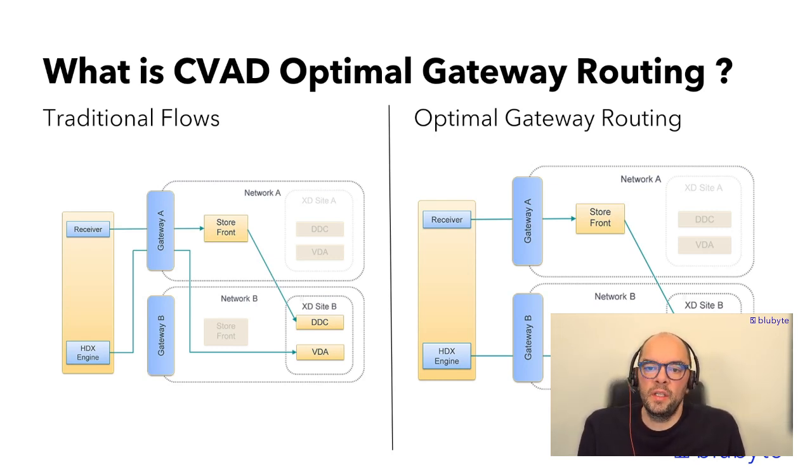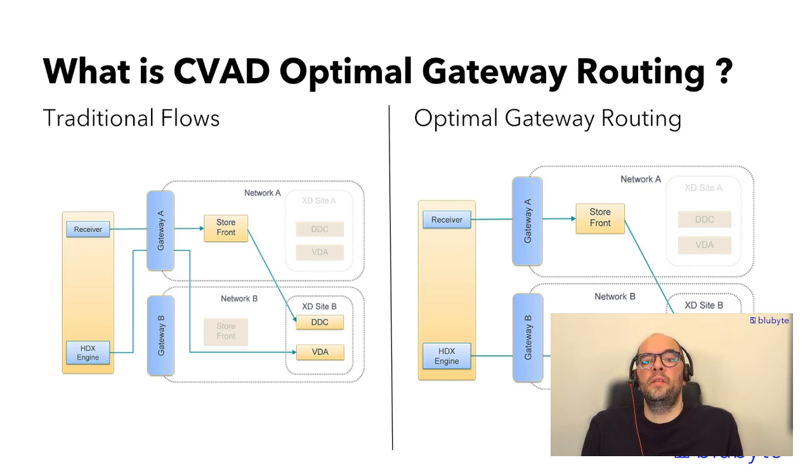Traditionally, on the left, we can have, for example, a user connecting to gateway A using a browser or the receiver directly. The user authenticates to gateway A. Gateway A, after successful authentication, will enumerate applications with StoreFront. StoreFront will consult the desktop delivery controllers.